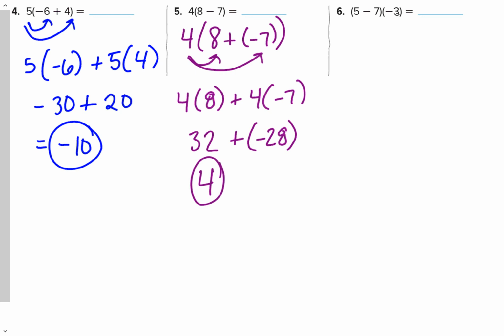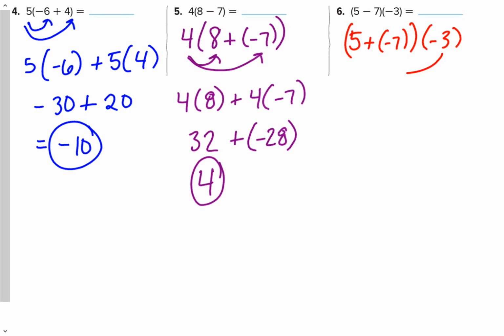Here's our last one. Again, I'm going to change the subtraction to addition. And then, like I said, it doesn't really matter if the number being multiplied is in the front or the back. You still have to multiply the numbers from left to right. So, let me erase that last parentheses.